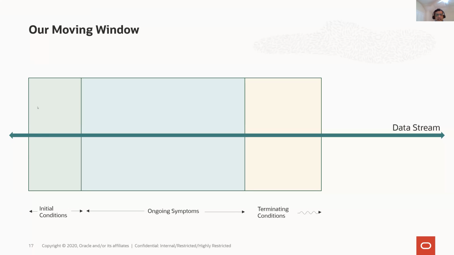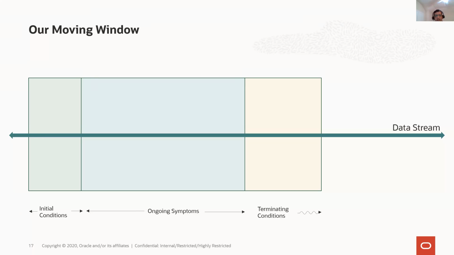So we had a set of symptoms which are tracked for 5 days as initial conditions by looking at data, incorporating various missing row conditions, various symptom combinations, etc. It was fairly complex logic. Then we tracked the ongoing symptoms for another 9 days, and terminating conditions when the symptoms are wearing off.